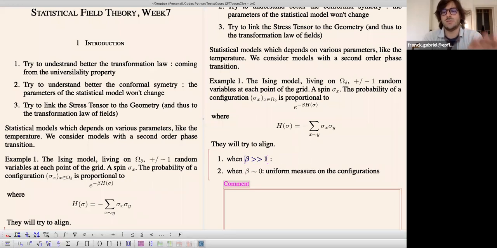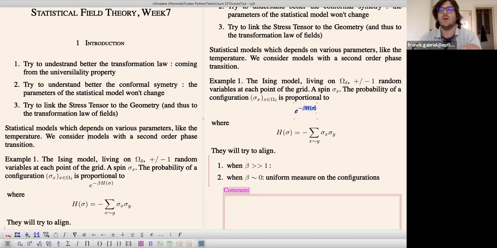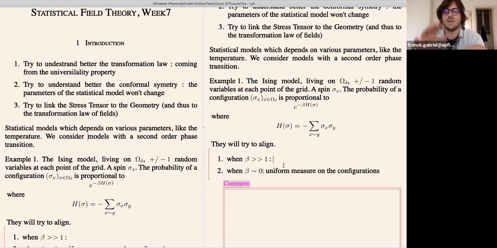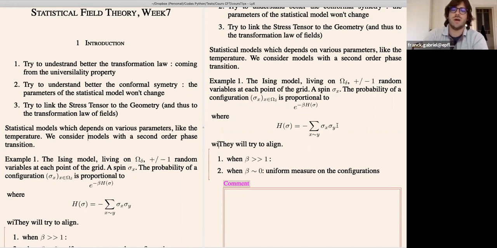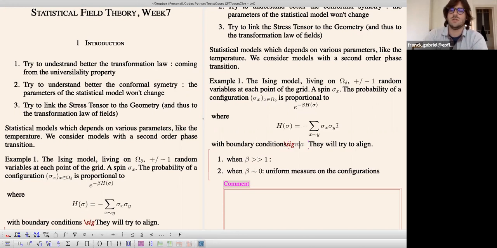When beta is super high, what happens is that as soon as you are not at the minimal energy, you will be killed. Let's assume that we have boundary conditions. We are going to consider the boundary conditions sigma x equals plus 1, to make things simpler.